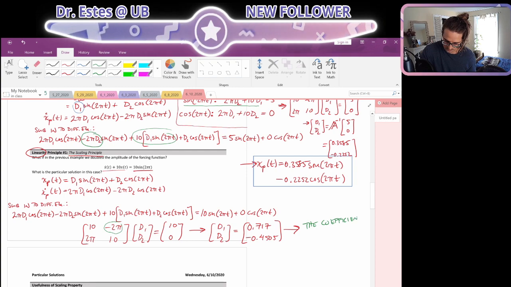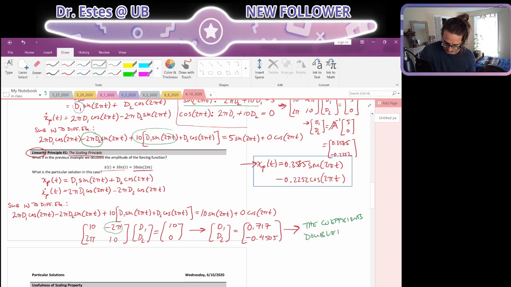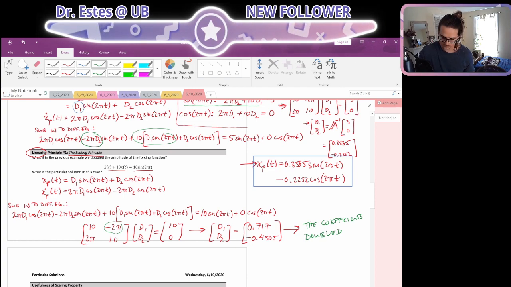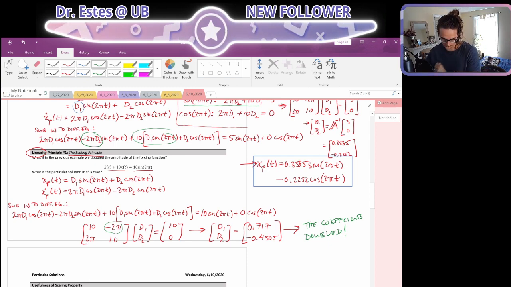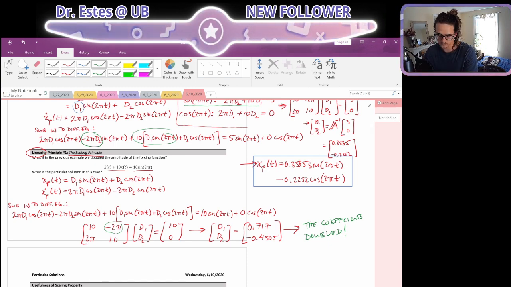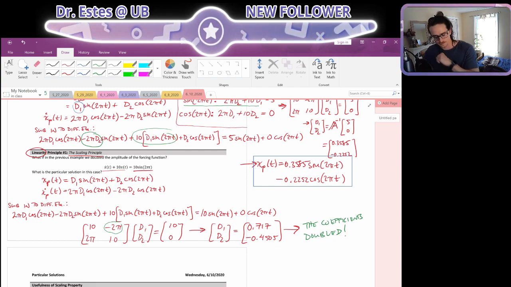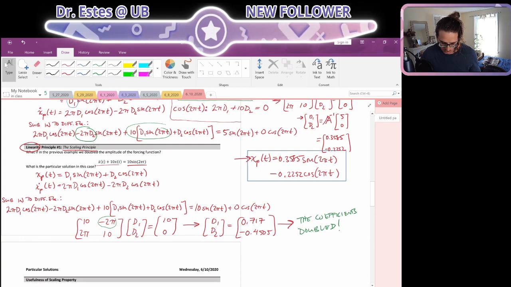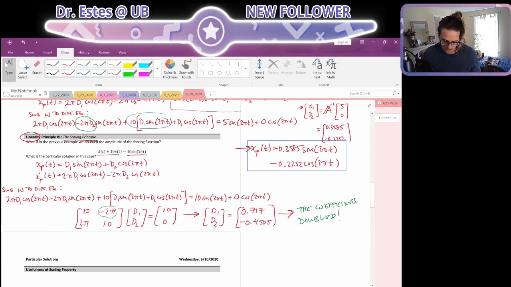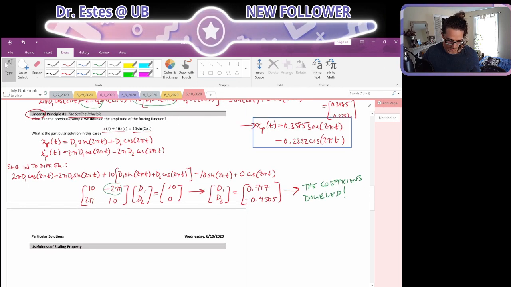The coefficients doubled. Let's show this in a picture here.